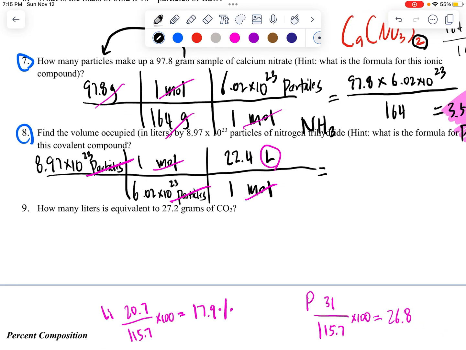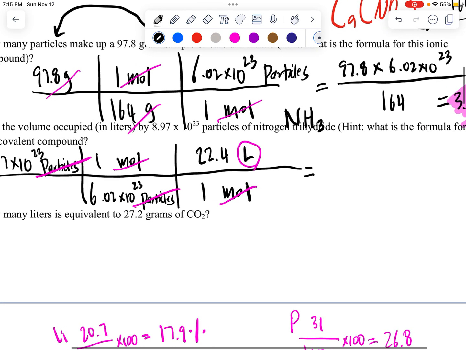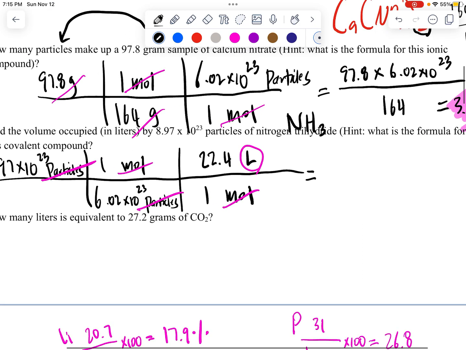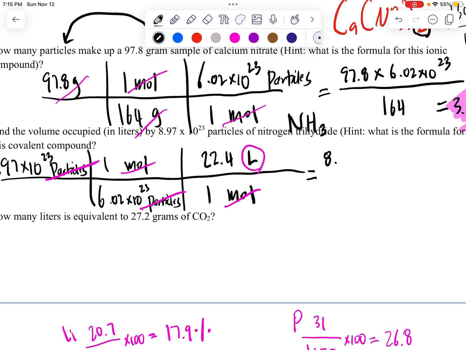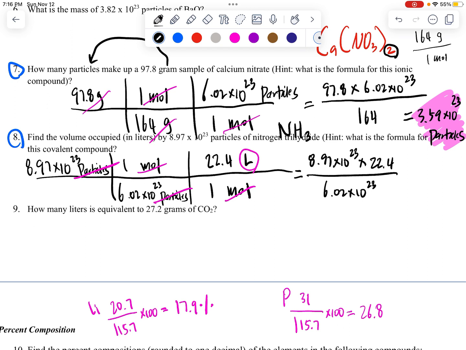Let's go ahead and do the math. Likewise, I will write it out so you know which ones multiply and divide. So 8.97 times 10 to the 23rd multiplied by 22.4, all of that divided by 6.02 times 10 to the 23rd. Do it with me, guys. 8.97, where's the EE button, 23rd power.